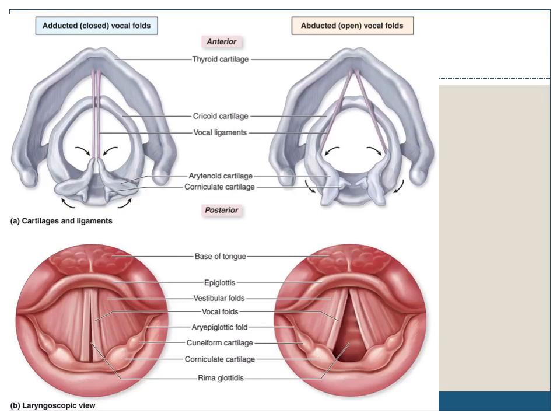However, when we close these folds, air is going to move through small little slits within the vocal cords, causing vibration to occur. When we match these vibrations of the vocal cords with movement of the tongue and hyoid muscles, we're able to cause vocalization patterns.